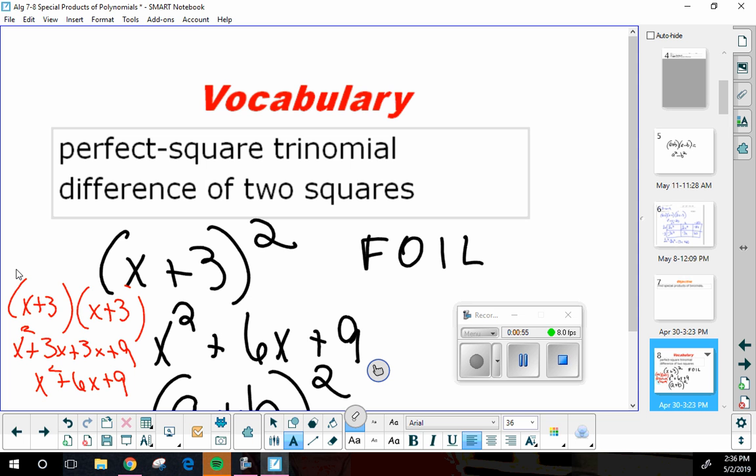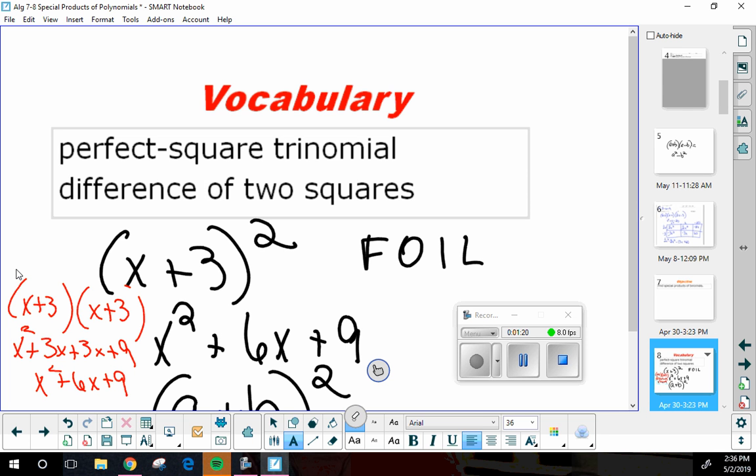Now let me just say this. These are all just shortcuts. These are things you will probably come to realize all by yourself after you've had a lot of practice with FOIL. When I first started working with these, I just preferred to use FOIL because it was what I was familiar with, and this just seemed like something extra for me to memorize. You might feel the same way too.